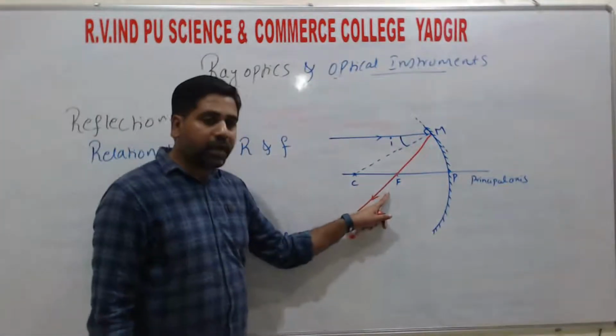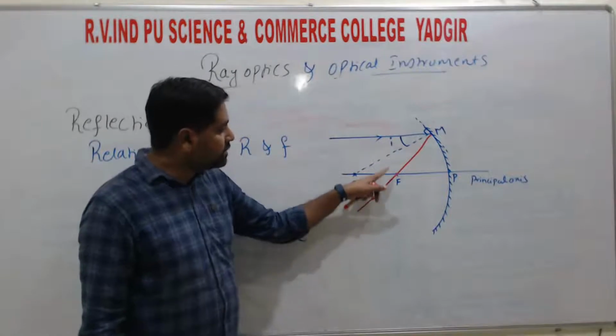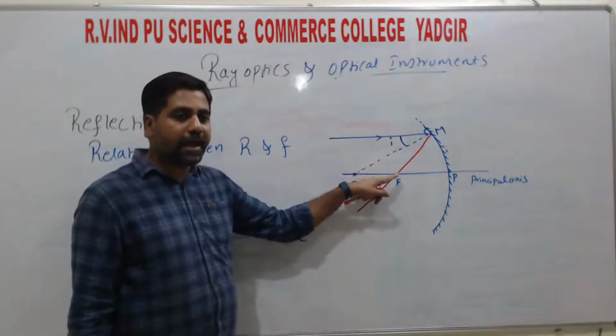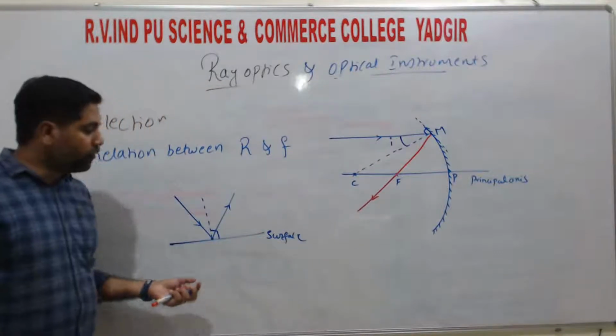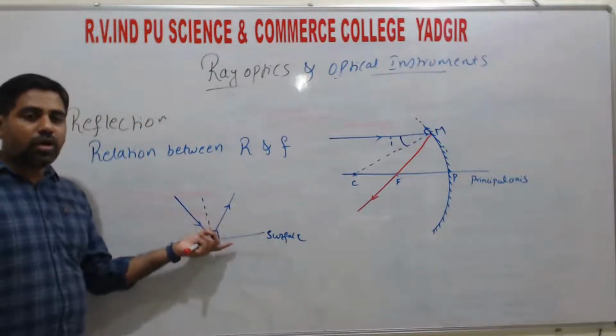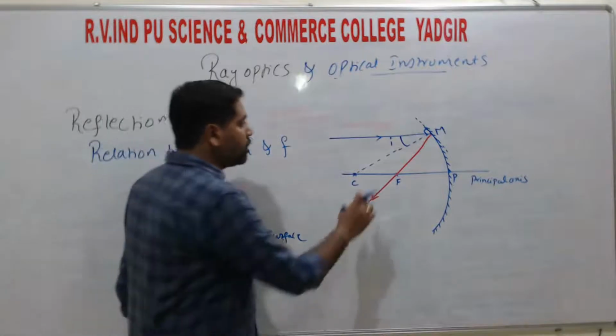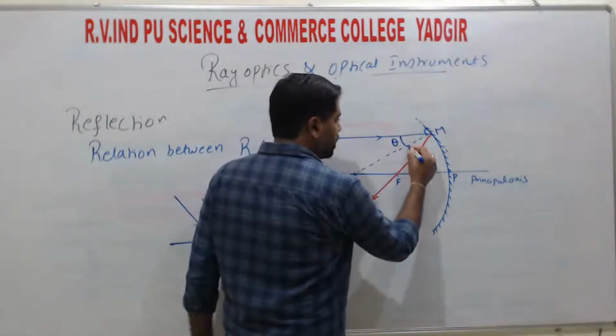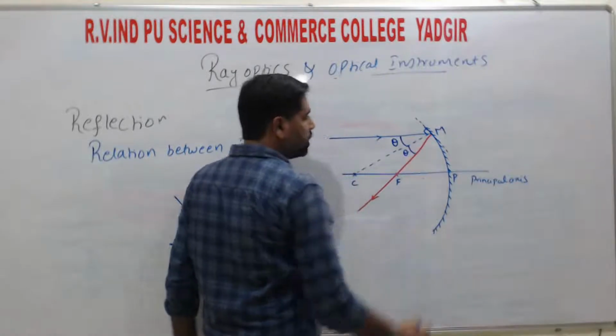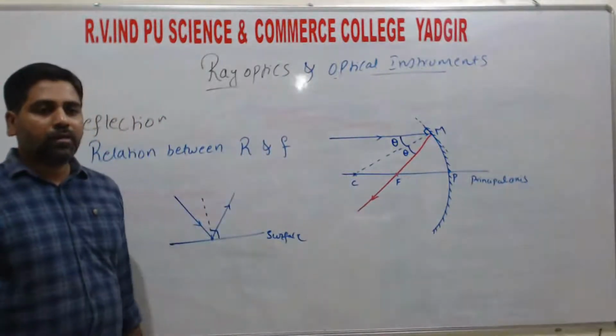This one is the reflected ray. This ray makes an angle with the normal, and that angle we call the angle of reflection, right? From the laws of reflection, angle i is equal to angle r. So we take one common angle, theta. Here also is angle theta, right?